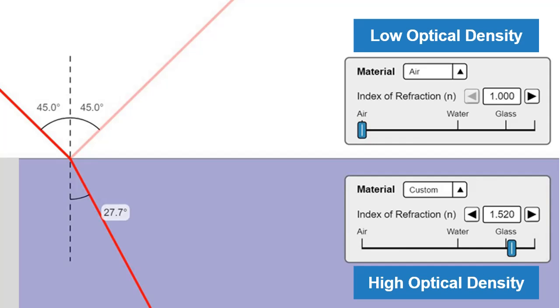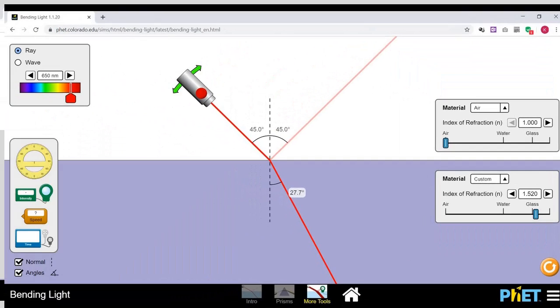The second medium has a higher optical density. When you look at the rays of light, this is what you'll discover. The medium with the highest optical density will have the ray of light that's closest to the normal line. The medium with the lowest optical density will have the ray of light that's furthest from the normal line.